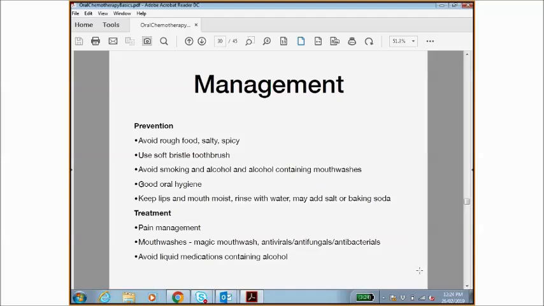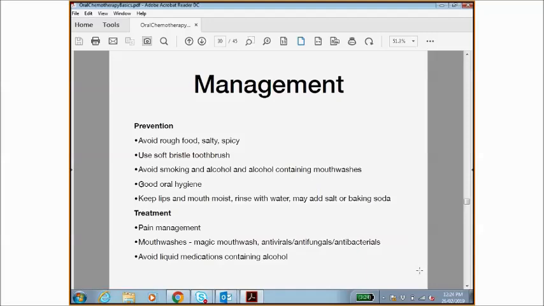So the treatment would be pain management, mouthwashes like Magic Mouthwash, and depending on their level of compromise, they might need some antivirals or antifungals or antibacterials. And it's important to avoid liquid medications containing alcohol.